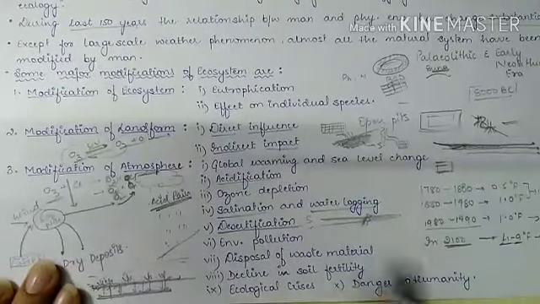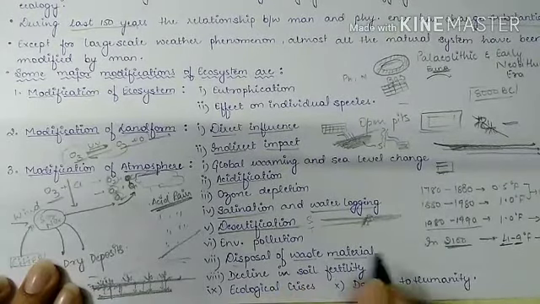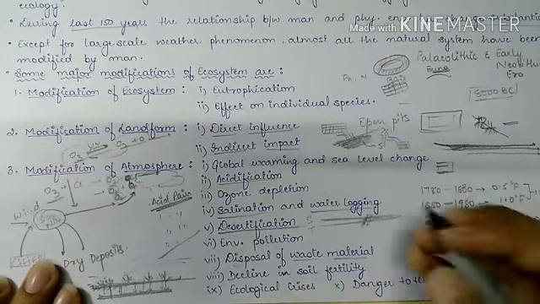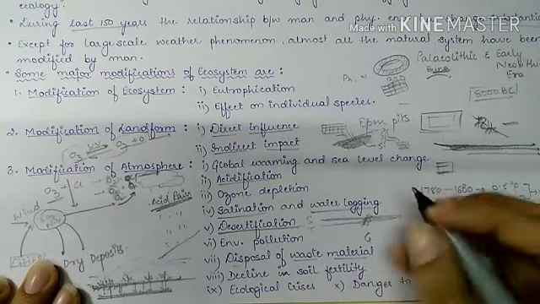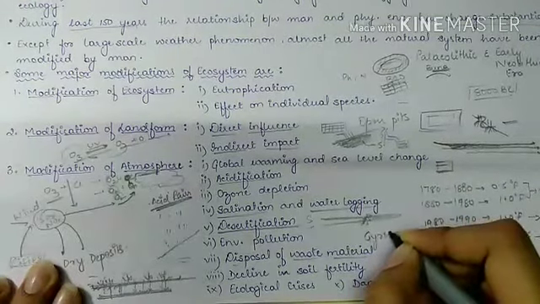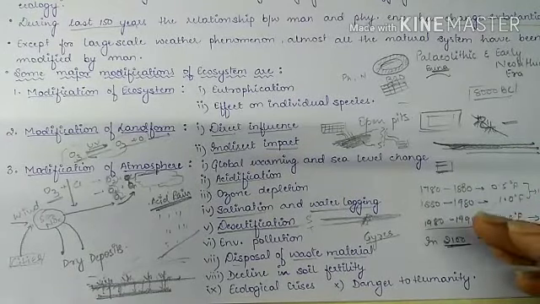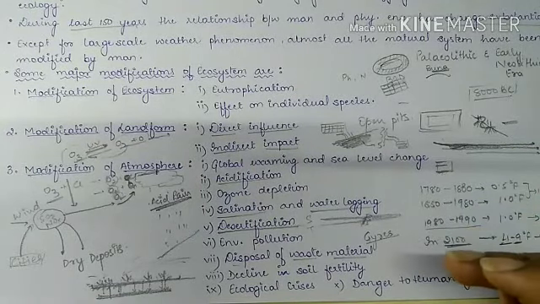Next is environmental pollution, then we have deposition of waste material. I have also given the example of gyres and plastic islands. These plastic islands are formed in the Pacific Ocean because of the formation of gyres.